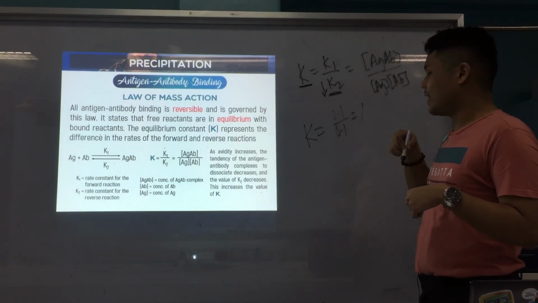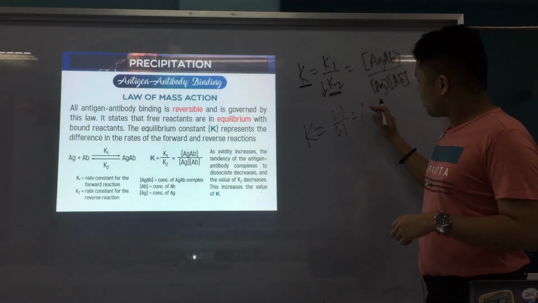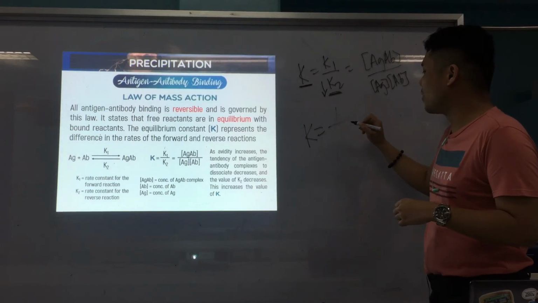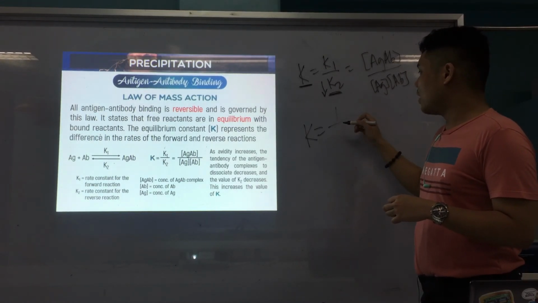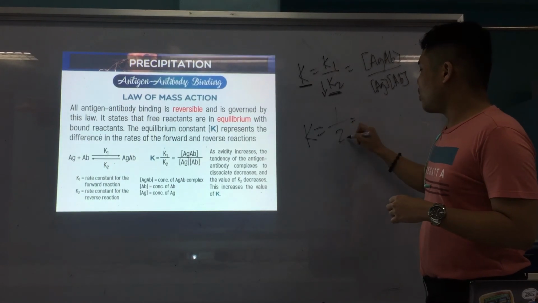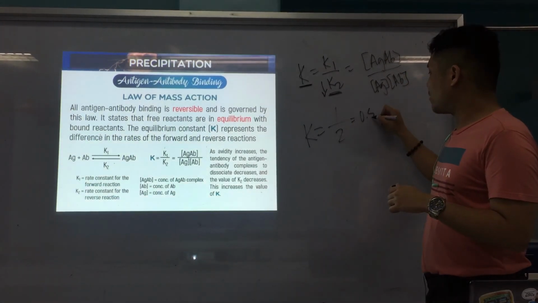So, for example, that's 1. Alright, 1 over 1. Now, for example, 1 over 2. So, this is example 2.5.